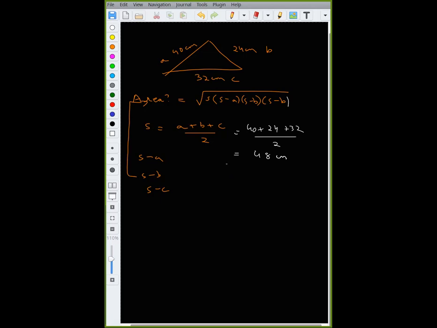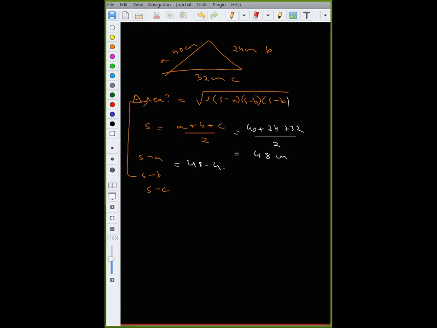48 centimeters is the semi-perimeter. So let's now find out S minus A. What is A here? Remember, we've taken A as 40. So it'll be 48 minus 40, which will be 8.